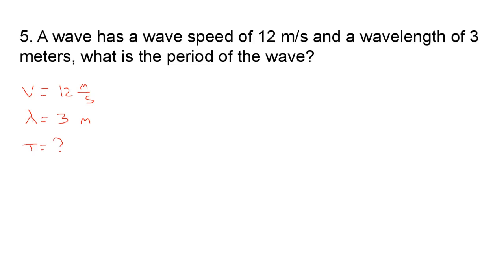Well, the period is given by 1 over the frequency. So let's go ahead and write down our equations here. T equals 1 over F, and V equals lambda times the frequency.